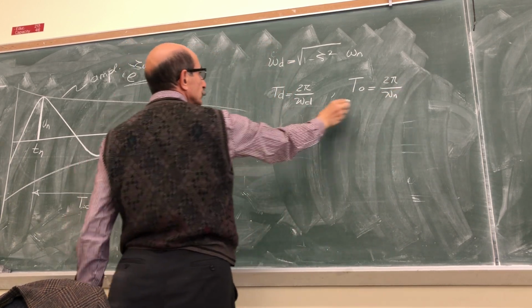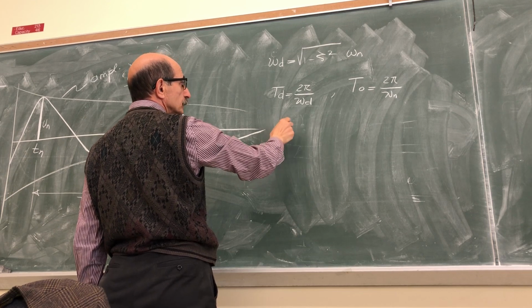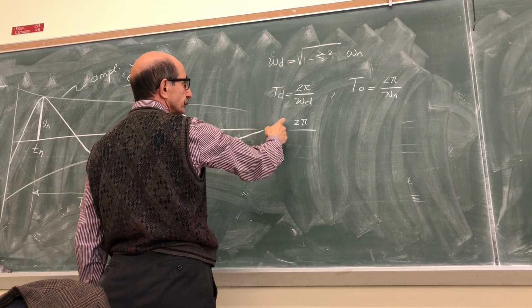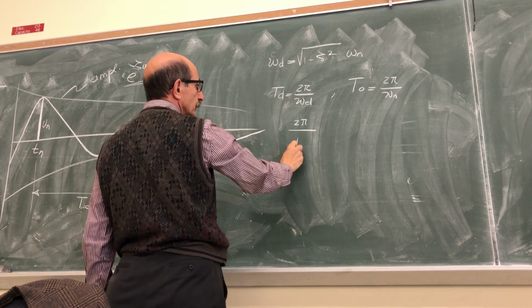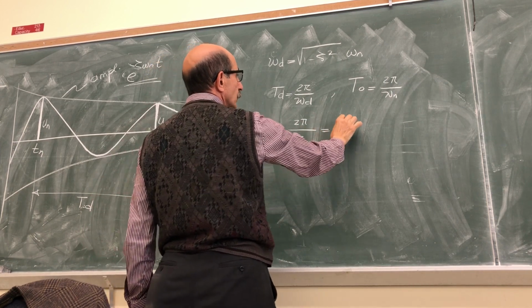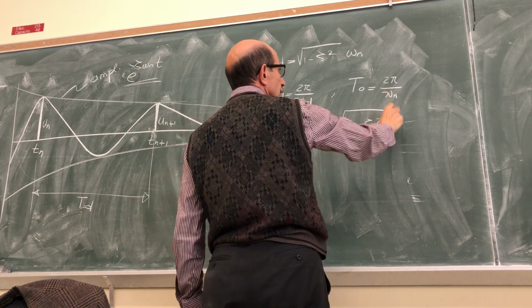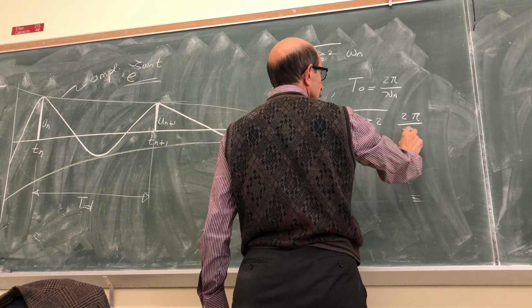So if you substitute these into that equation, you can get 2 pi over Td equals square root of 1 minus zeta squared times 2 pi over T0.